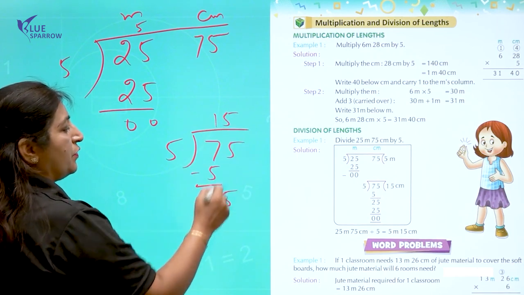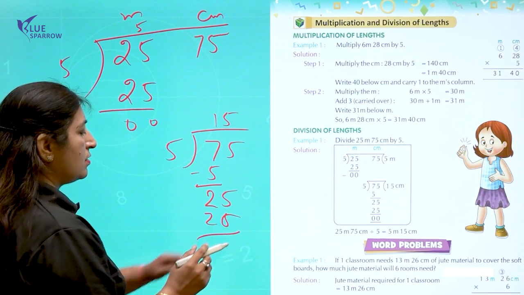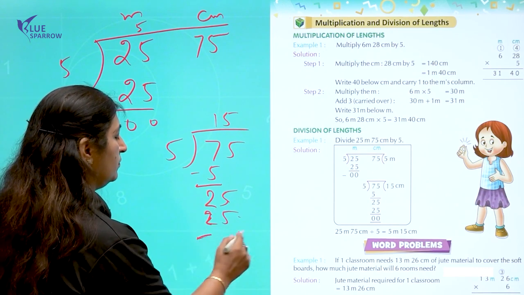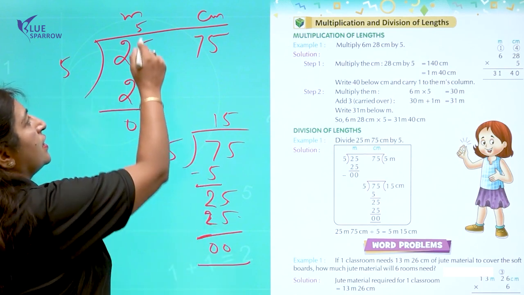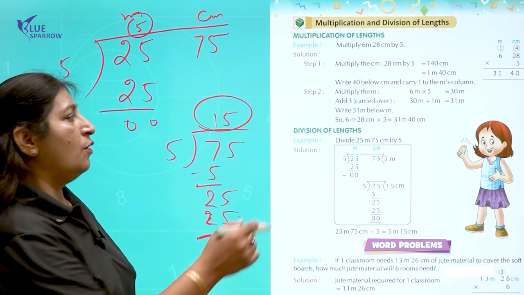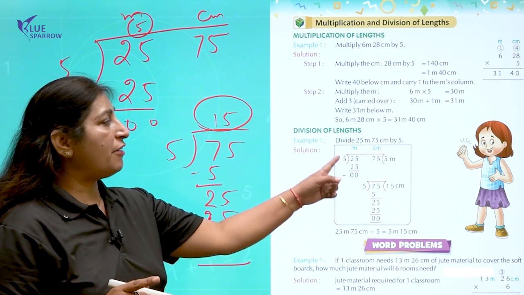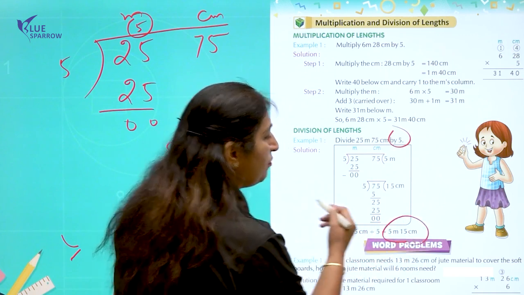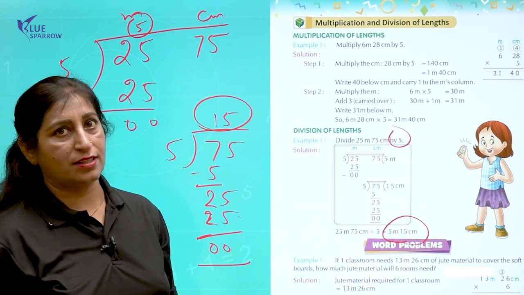And 5 fives are 25 again. The remainder is 0 in this case. So your answer is 5 meter 15 centimeter. When you divide 25 meters 75 centimeter by 5, you get 5 meter 15 centimeter as your answer.